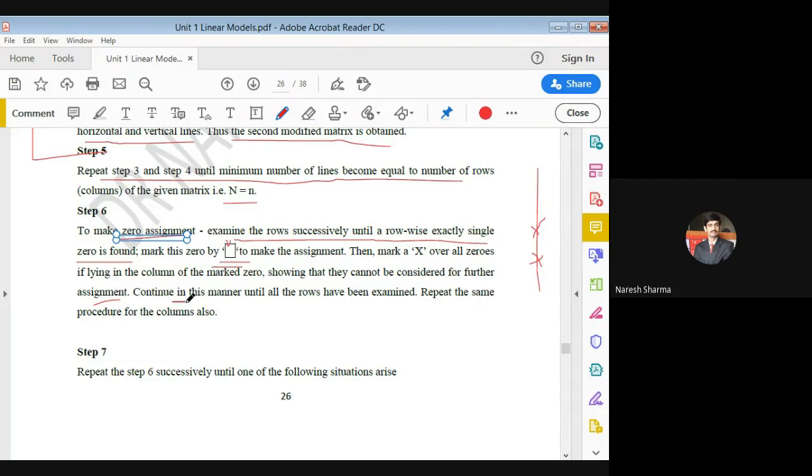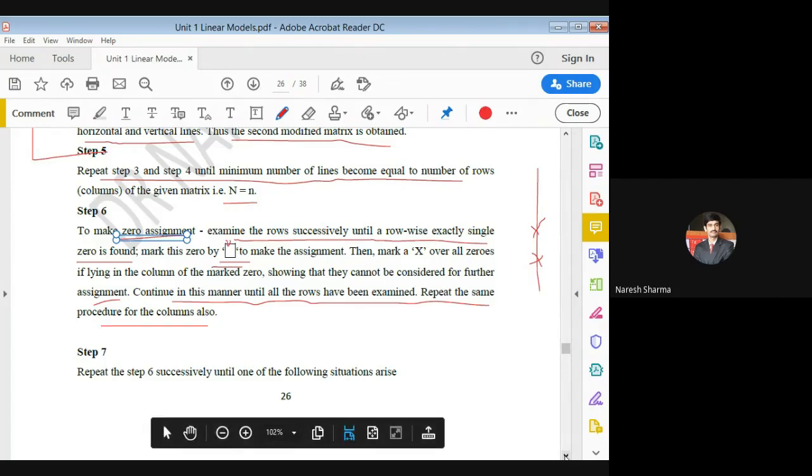So continue in this manner until all rows have been examined. Repeat the same procedure for the columns also, if we complete the row procedure first.